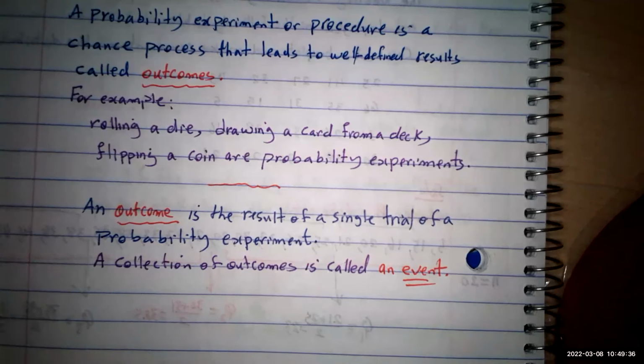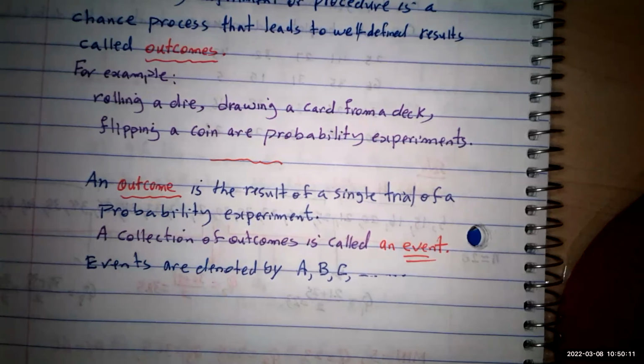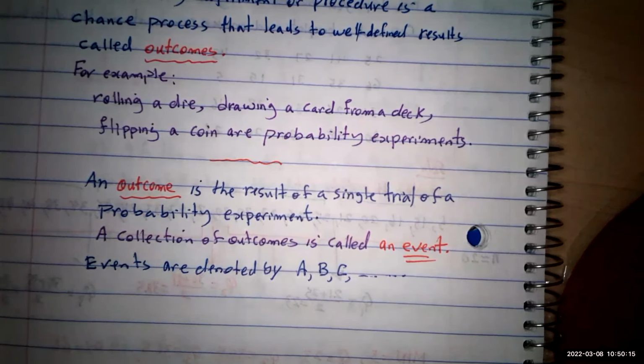Now, if you collect all the possibilities, meaning the collection of all the outcomes, the result is going to be called the sample space of that experiment, which is a very important term.